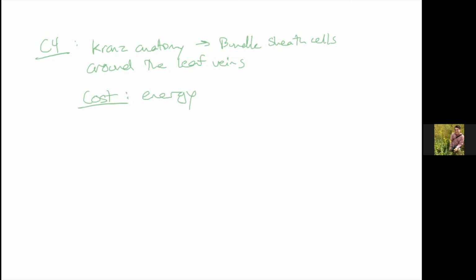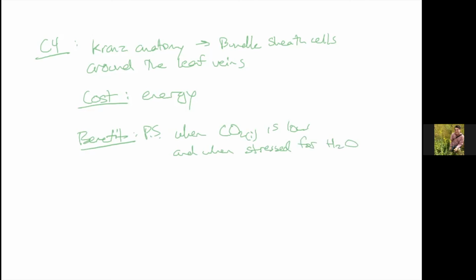It requires extra energy on top of the energy that C3 plants are already spending on the Calvin cycle and maintaining normal cellular processes. But the benefit is that photosynthesis can proceed when carbon dioxide concentrations inside the leaf are low, or when the plant is water stressed and has to close its stomata. So under certain conditions, these plants continue to grow, continue to be productive, whereas a normal C3 plant would have to close its stomata and shut down the photosynthetic process to avoid photorespiration.